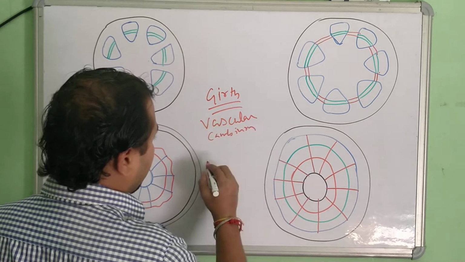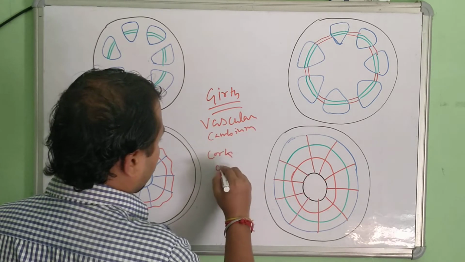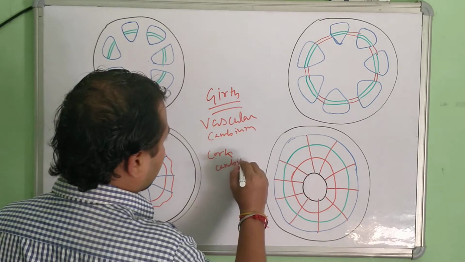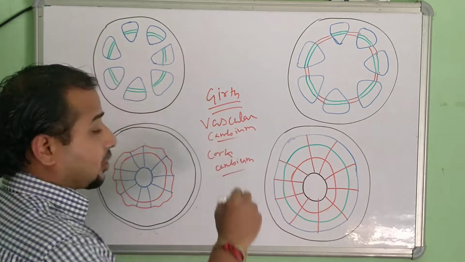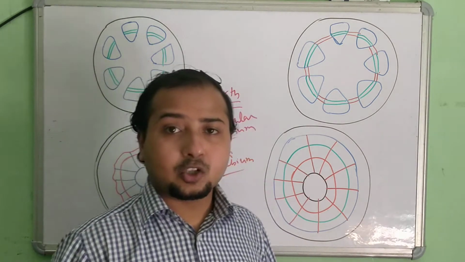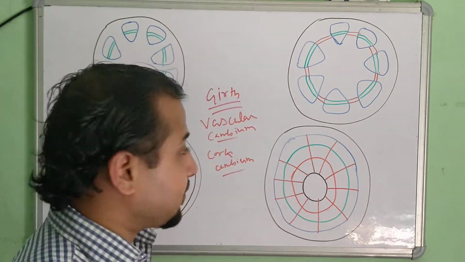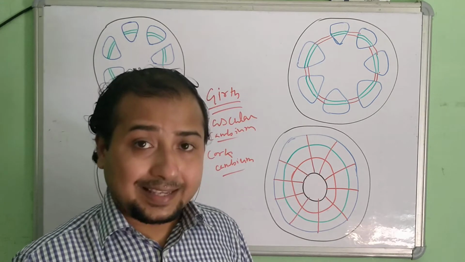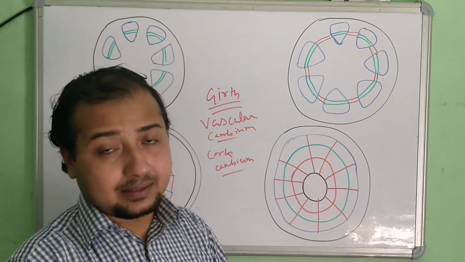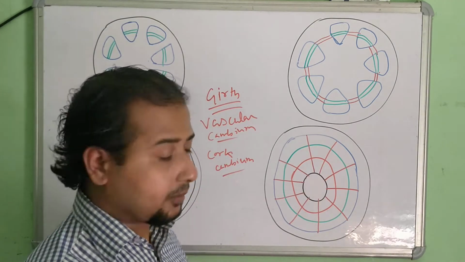Vascular cambium and cork cambium are the two lateral meristematic tissues responsible for secondary growth in the plant, that is, the increase in the girth of the plant.